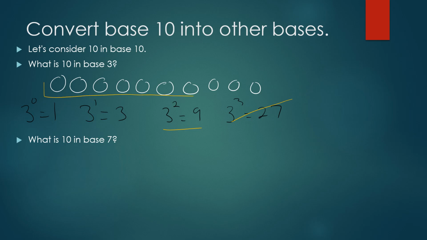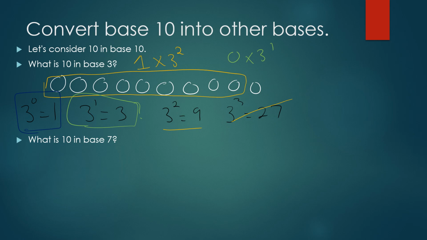I can go ahead and count this out. So I have one group of 3 squared. Now, I would look at my next set. Do I have any groups of 3? And the answer is no. So I'm going to have 0 groups of 3 to the first. Finally, now we have to look at 3 to the 0, which is 1.